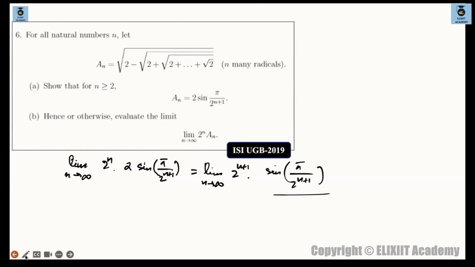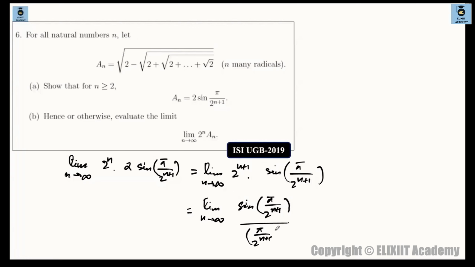Let's do it in the next step. It is subjective, so you should be actually writing all the steps very clearly in the UGB paper. So limit n tends to infinity, sine of pi upon 2 raised to the power of n plus 1 divided by, forcefully we are bringing one pi upon 2 raised to the power of n plus 1 over here. Now 2 raised to the power of n plus 1 was there, no problem with this.